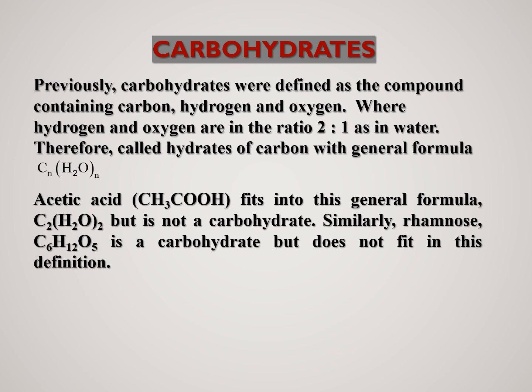So, the ratio of hydrogen and oxygen no doubt is 2:1, which is similar to what is found in water. But I'm sure all of us agree that acetic acid is not a carbohydrate. Acetic acid belongs to the class of organic compounds called carboxylic acids.